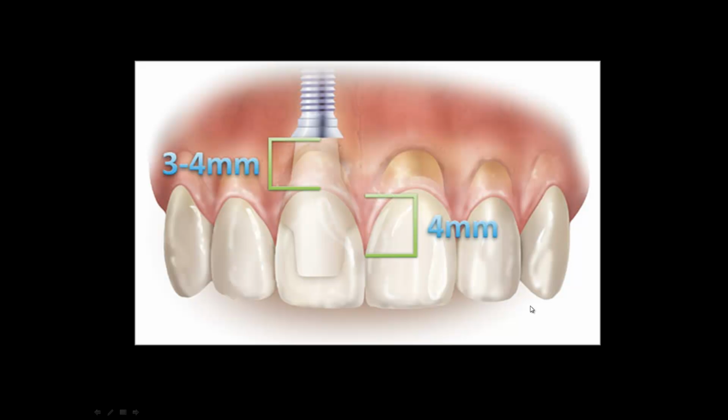Biological width and implants. There's a lot of discussion about it. And once again, remember, 4 millimeters proximal, the position of the bone, implant, I'm sorry, from the restorative margin, it has to be 3-4 millimeters.